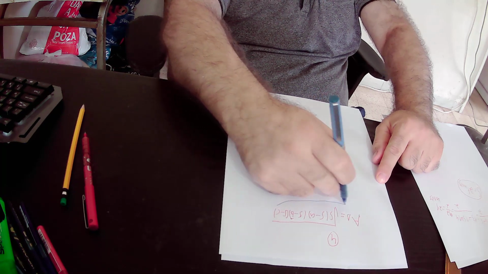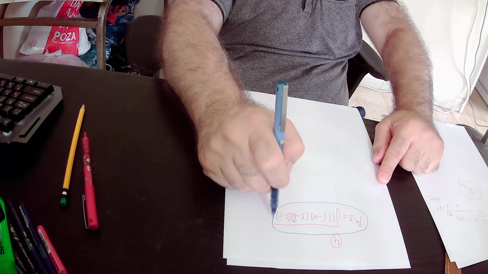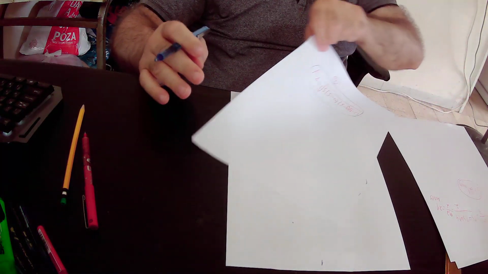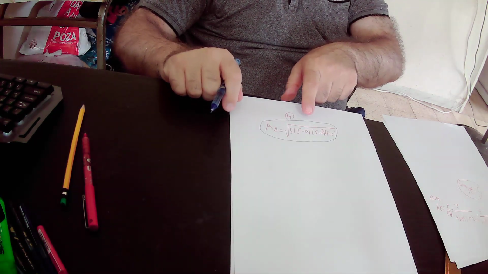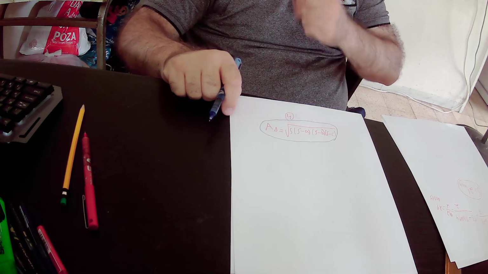So we will calculate the area of our triangle ABC according to this new formula.